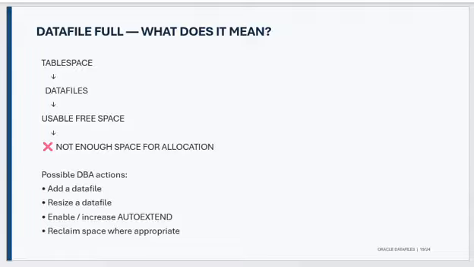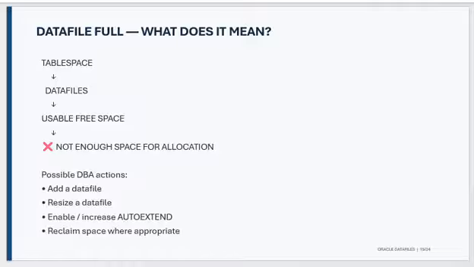Has the data file reached the maximum size? Is the underlying file system full? Is the ASM disk group running out of usable space? Depending on the situation, the DBA may add another data file, resize the existing file, or modify its autoextend configuration.